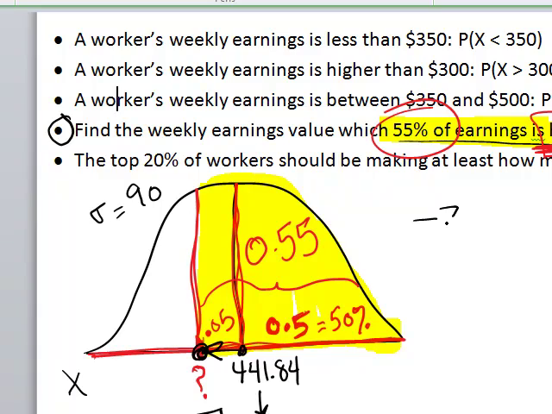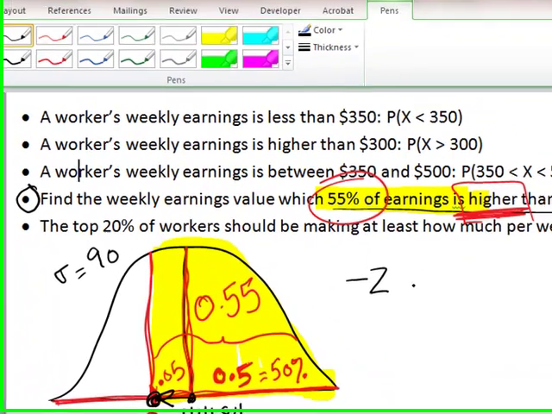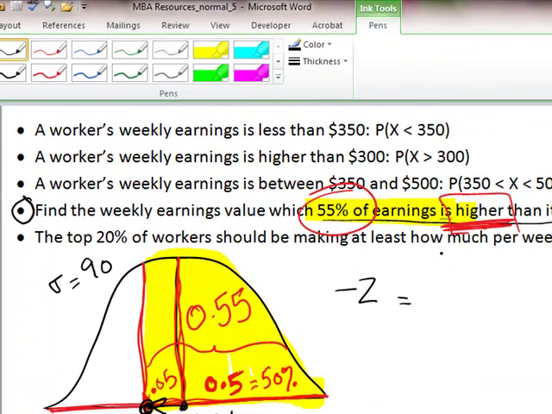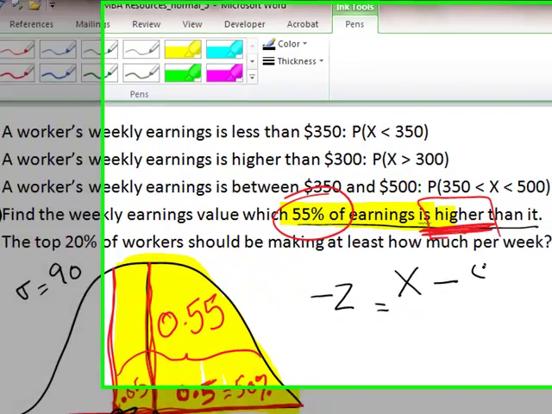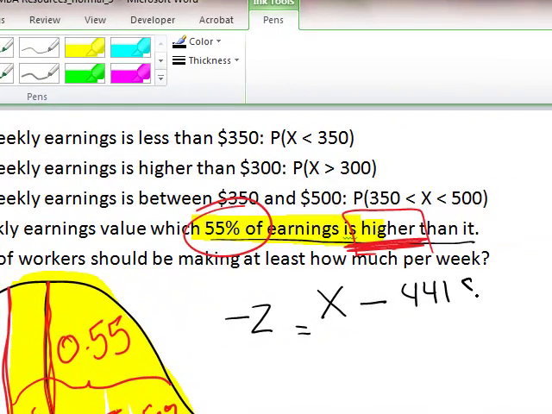The negative z-value that I'm looking for must equal that x value that is my unknown minus the mean divided by standard deviation.